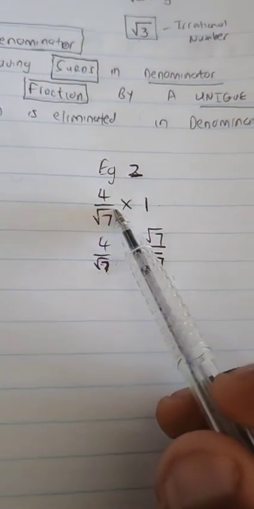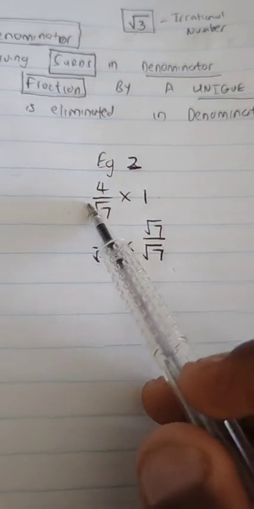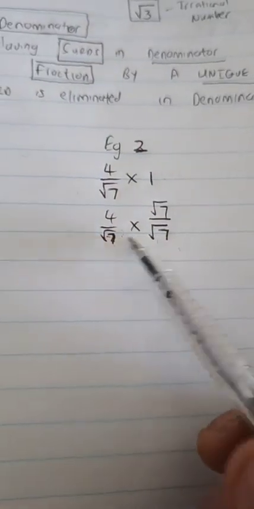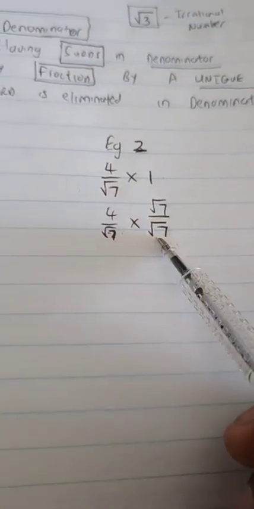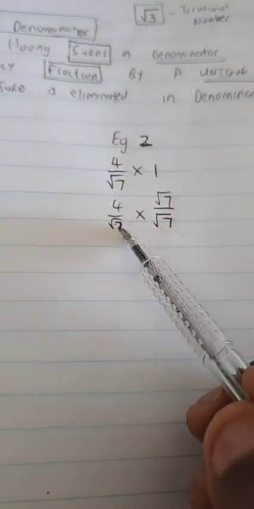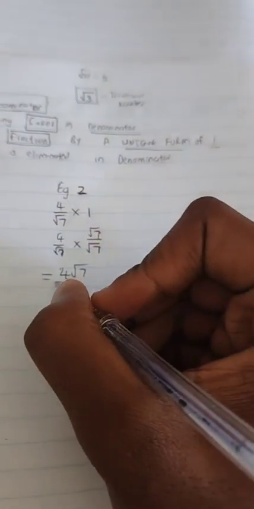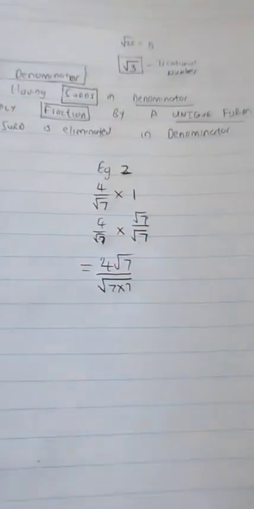In this example, we also found that there was a surd in the denominator, in other words, an irrational number. We multiplied by the unique one, which is root 7 over root 7, because in the denominator we have root 7. Then when we multiply 4 times root 7, we have 4 root 7. In the denominator, we have the square root underneath 7 times 7, which gives us 4 root 7 over what?